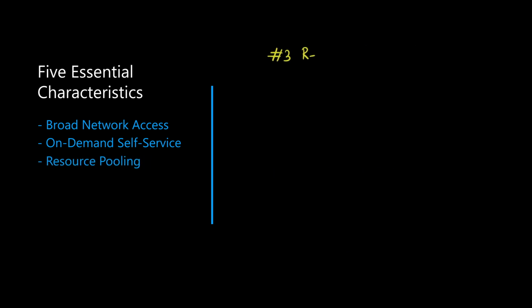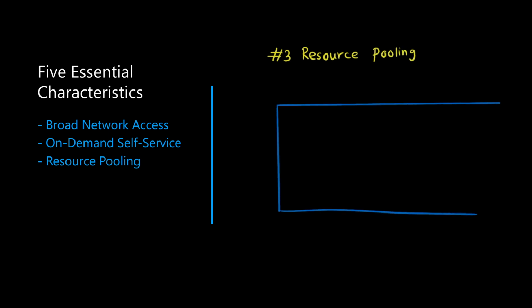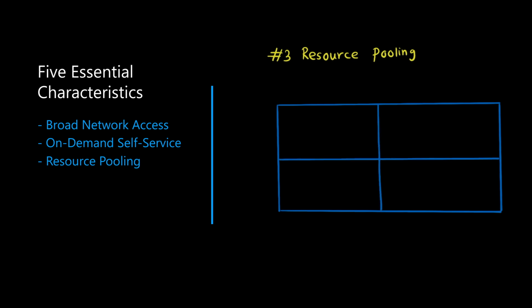Resource pooling is the third characteristic, and it's the secret sauce that makes cloud computing economically viable for both providers and customers. Cloud providers operate on a multi-tenant model, where multiple customers share the same underlying physical infrastructure. Now, I know what you might be thinking. Doesn't sharing resources with other companies create security risks?